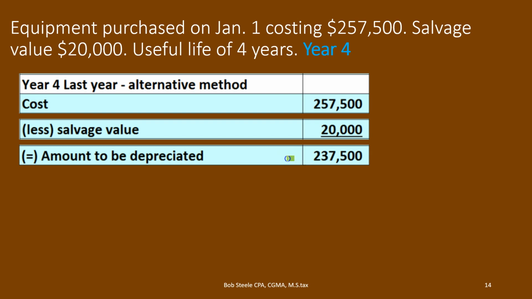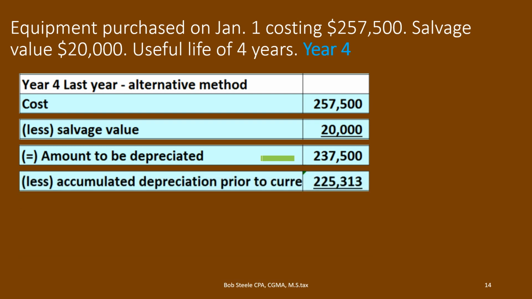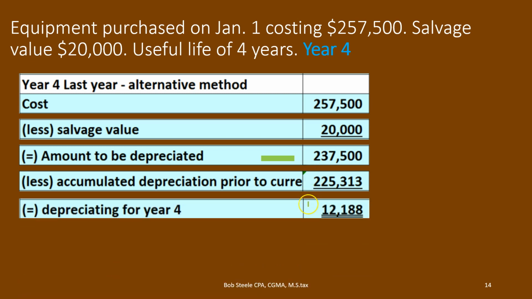So this is where we want to be. We want accumulated depreciation to be here as of the end of the last year, which is year 4 in this case. Where are we now? If we look at the accumulated depreciation before year 4, we are currently at $225,313, and we want to be at $237.5. So we subtract these two, and that means we need depreciation in the final year of $12,188.